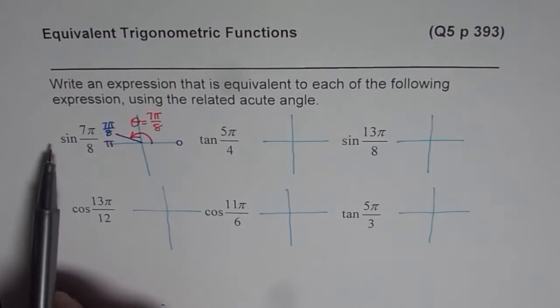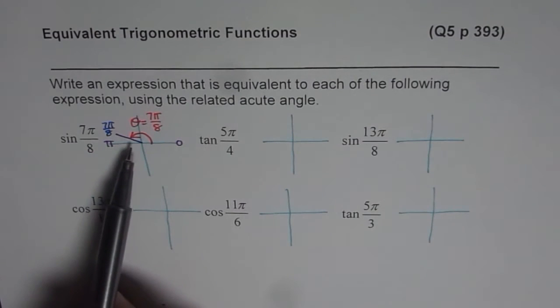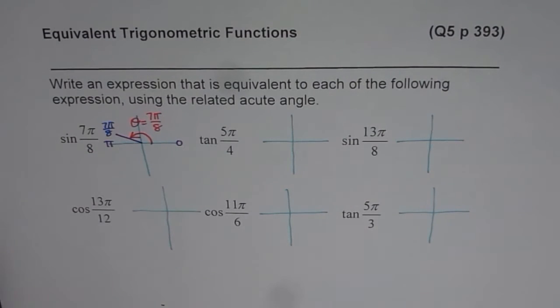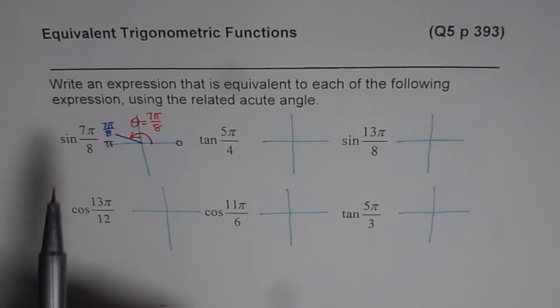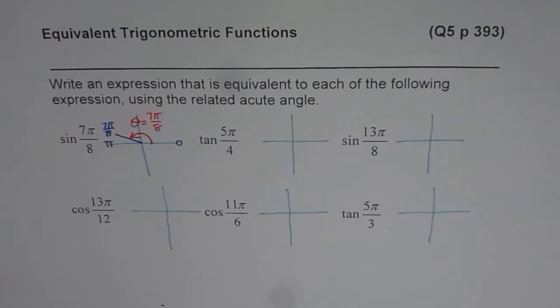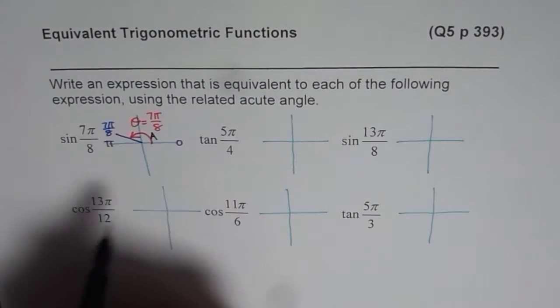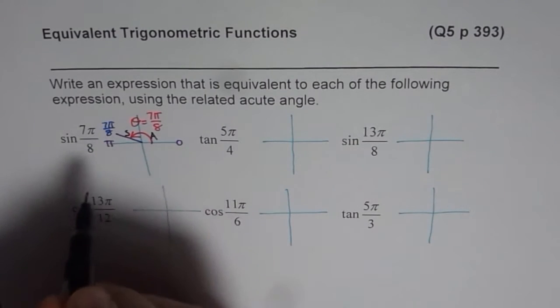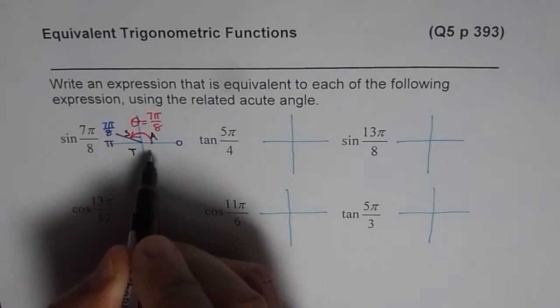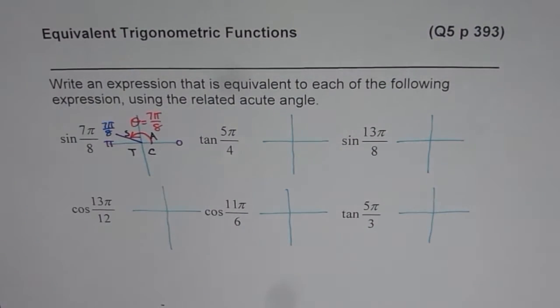So when we say sine 7 pi by 8, we are looking for terminal arm to be in quadrant 2. In quadrant 2, sine is positive. So the second thing which you have to look for when answering such questions is the rule. That is, all are positive in quadrant 1, sine in quadrant 2, tan in quadrant 3, and cosine in quadrant 4.